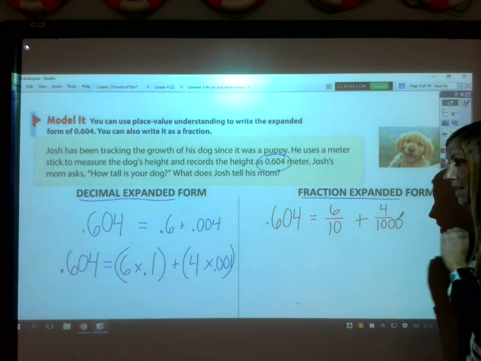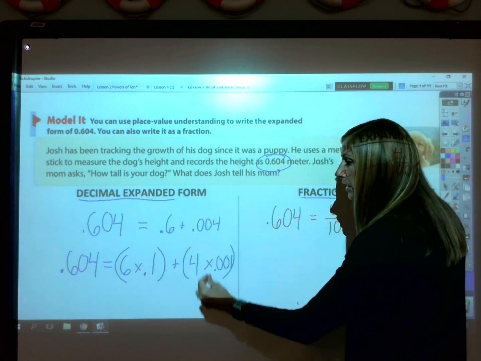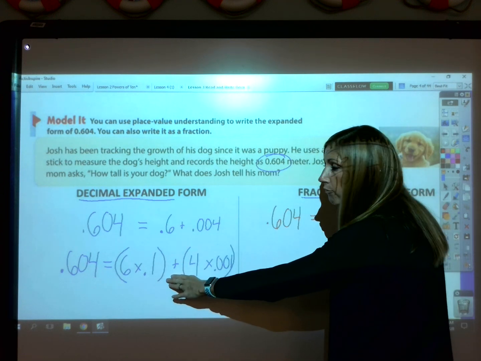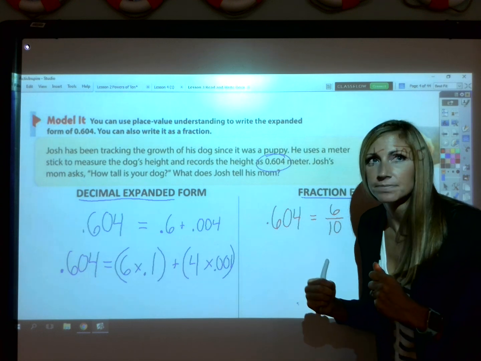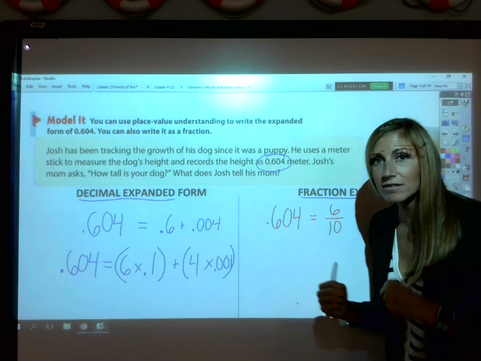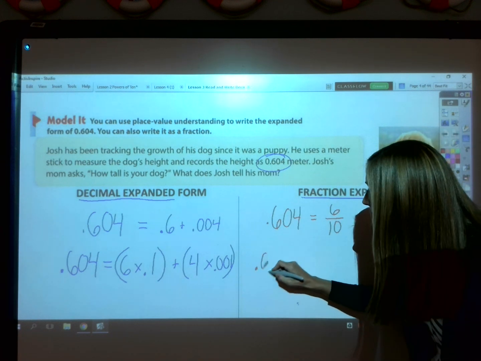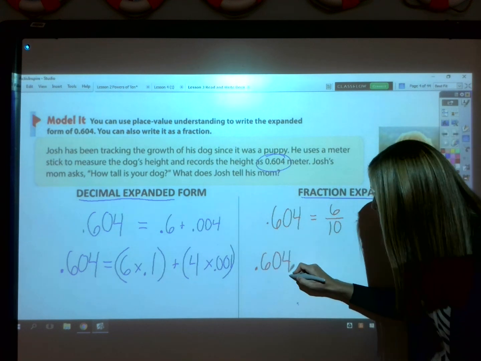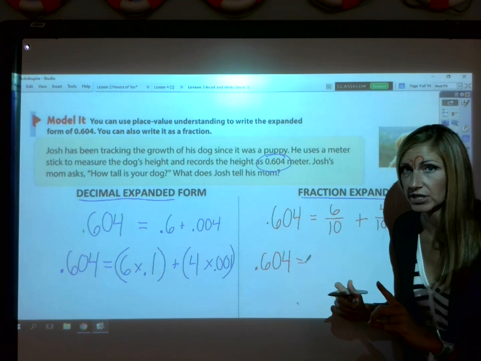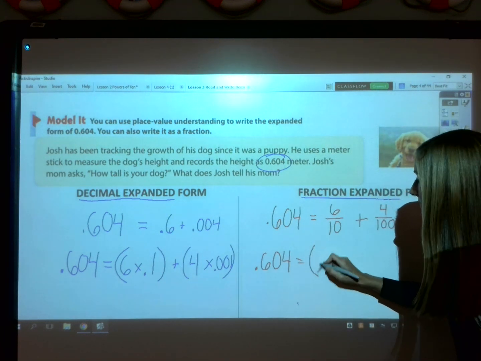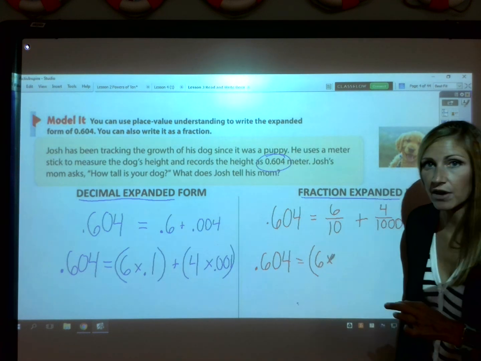Okay? Now, here we had our digits already in the place value they're in, but this expanded form rips the digit out of the place value. So we are going to still take this number, 604 thousandths, and take the digit out, but using fractions. So we know we're going to have a 6. We know it's going to be multiplied by its place value.